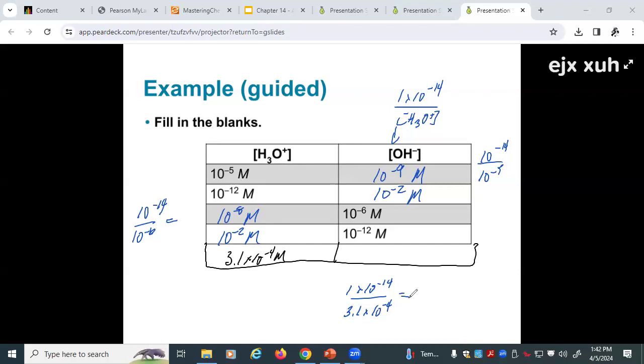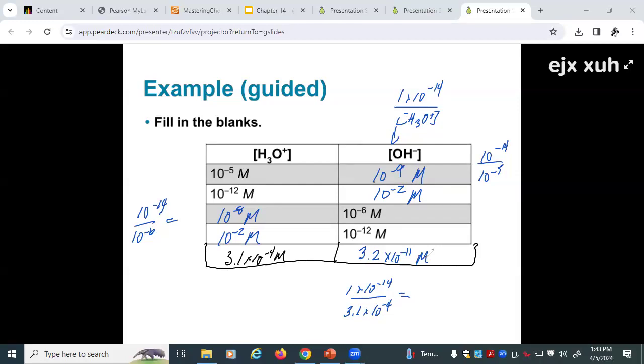You get a very different answer than what I'm going to get right here. 1 times 10 to the negative 14 divided by 3.1 times 10 to the negative 4. With two significant figures, 3.2 times 10 to the negative 11 would be the correct answer.